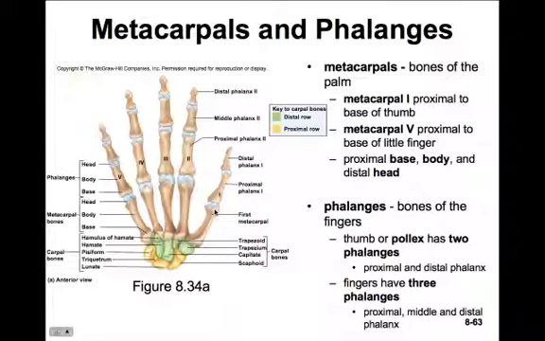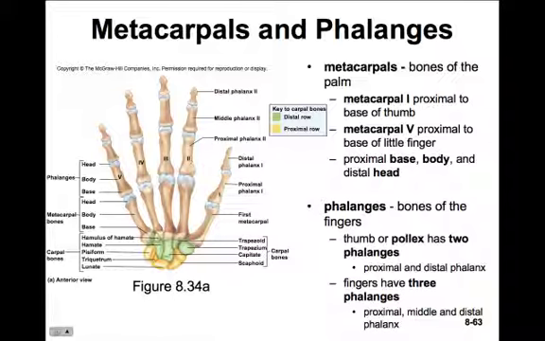The phalanges are the bones of the fingers. There are 14 of them in total. The thumb, or pollex, as it's called in Latin, has only 2 phalanges. It has a proximal phalanx and a distal phalanx. The fingers, however, have 3 phalanges each.